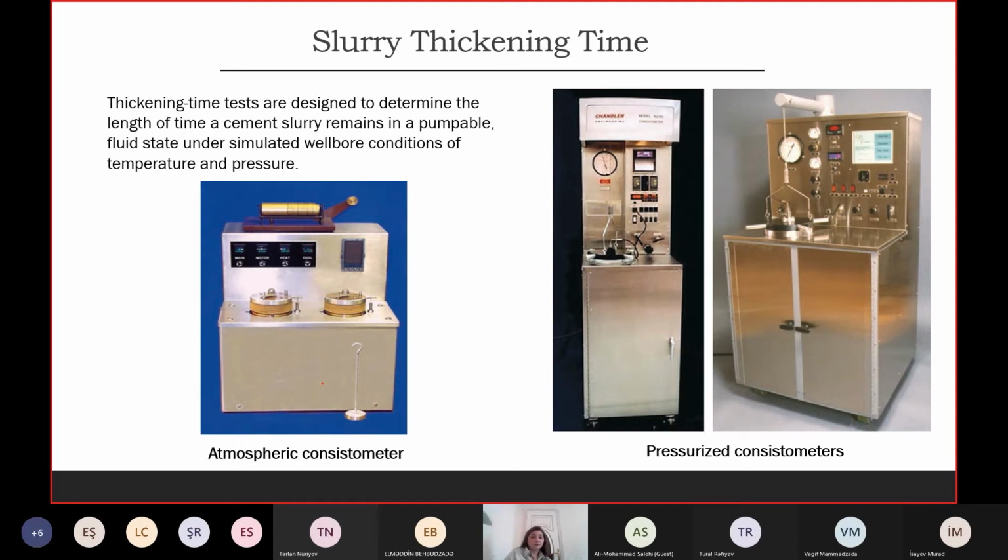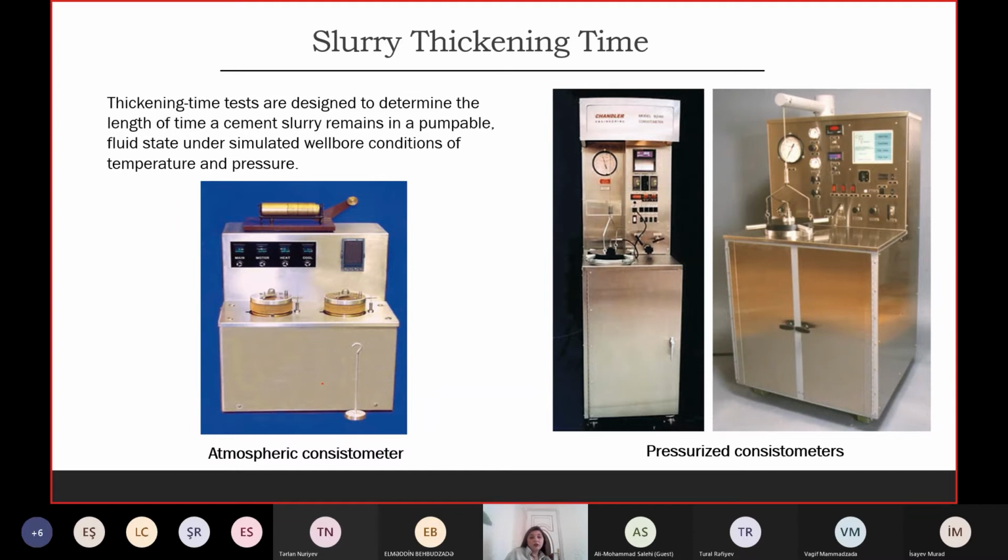You will log, and if you don't find good compressive strength, you will wait a little more, or you will run another protective liner, or run a tieback. There will be other options, but for thickening time, it is catastrophic.